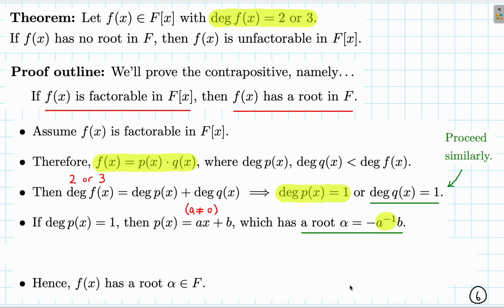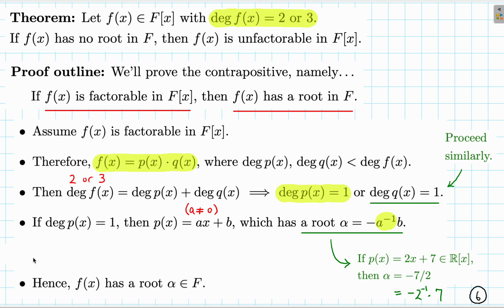Now, as a concrete example of this root alpha, let's take a look at p of x equals 2x plus 7 over the reals. Then its root is negative 7/2, which we can think of as negative 2 inverse times 7. So it has the form negative a inverse times b.